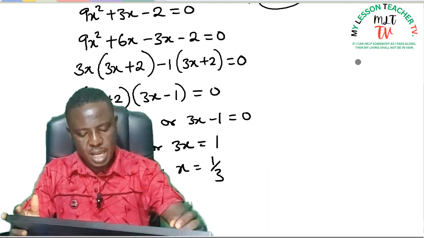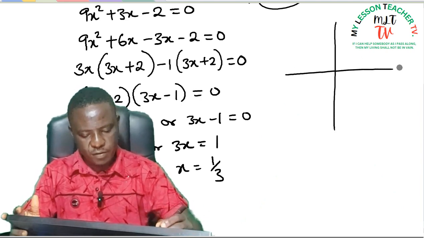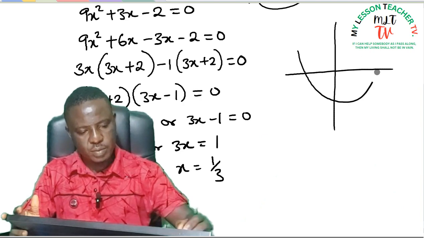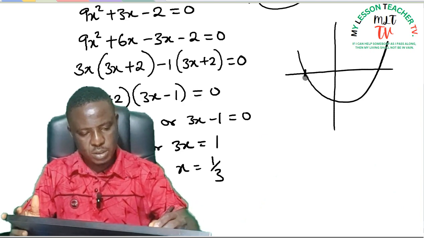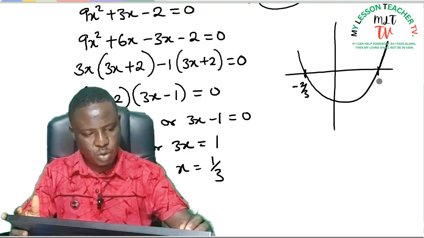So when you represent that on the graph, you are going to have something of this kind, where this point, the intercept, is at minus 2 over 3, and the intercept at this point is 1 over 3.